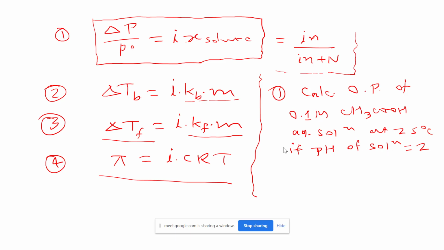To solve this, if you don't know the formula of pH, you can write pH equals minus log of H plus ion concentration. Have you got it? Yes, sir. I'm writing here the formula for pH. pH is calculated by using this formula, minus log of H plus ion active mass. This is the formula for calculation of pH.